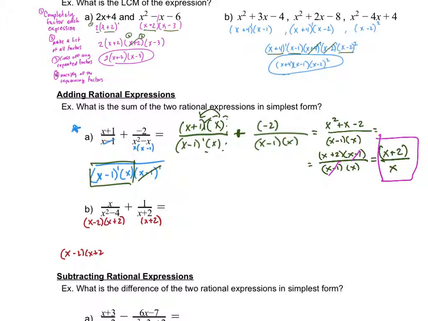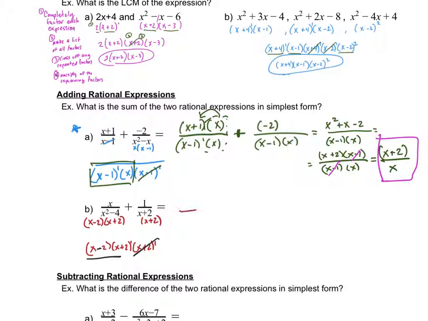Now that I've done that, I want to write all my possible factors, and that gives me x minus 2, x plus 2, and then x plus 2. Both of those x plus 2's are to the first power, so I can remove my duplicate. So my new common denominator is going to be x squared minus 4, or as we look at this, x minus 2 times x plus 2.